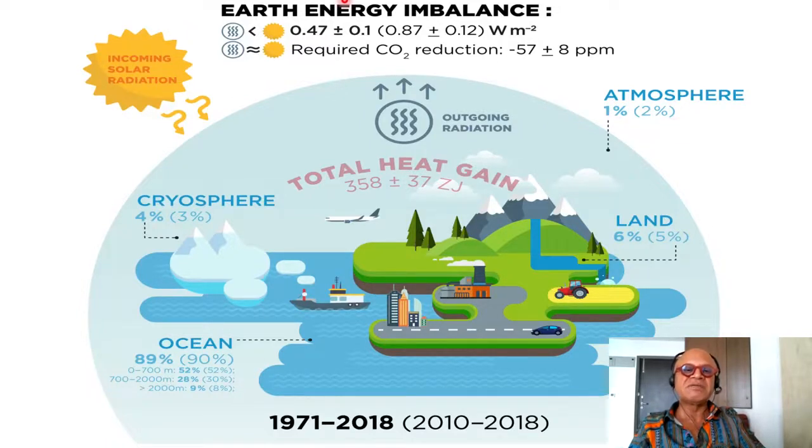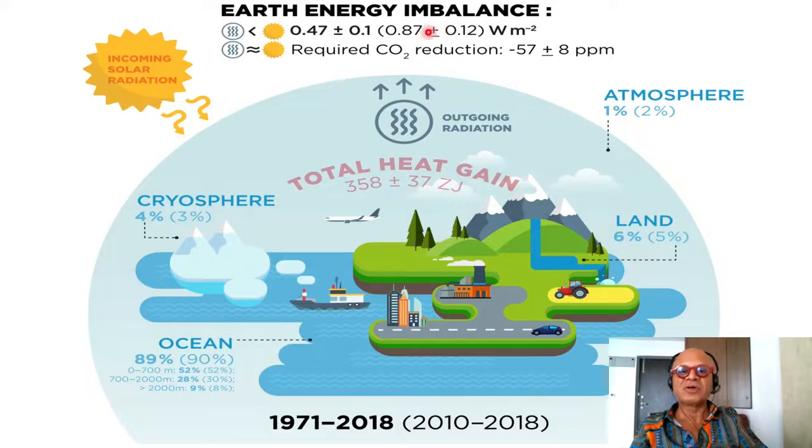So this is the energy imbalance we saw before, incoming solar radiation. This is looking at 1971 to 2018, and the numbers in parentheses are 2010 to 2018. So this is 0.47 plus or minus 0.1 watts per meter squared for 1971 to 2018.